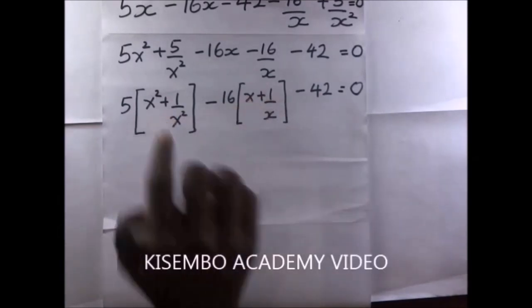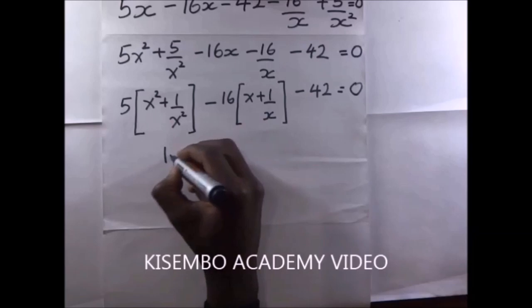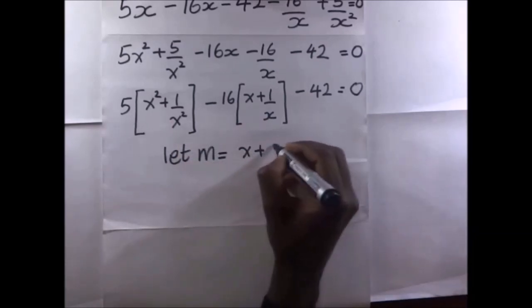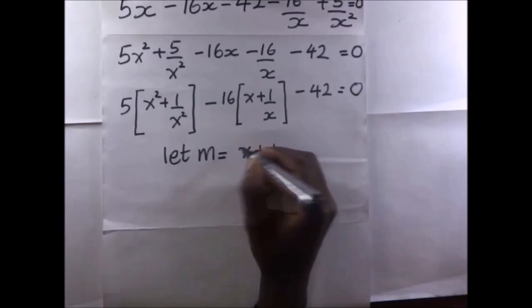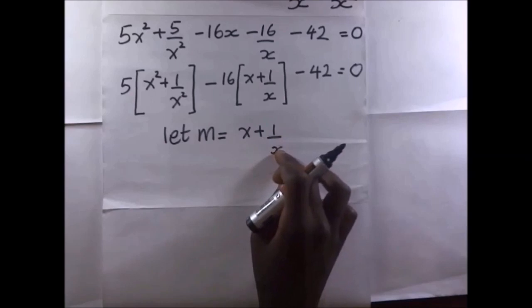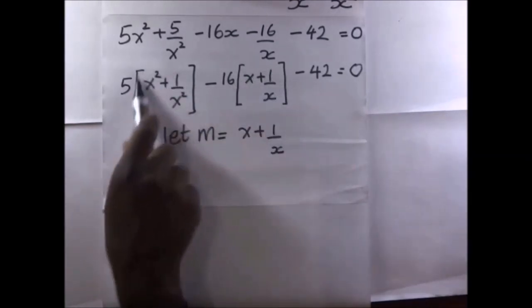Since we have put this in the brackets, let's call this a letter, let m be equal to x plus 1 over x. So it means that this can be the value of m.